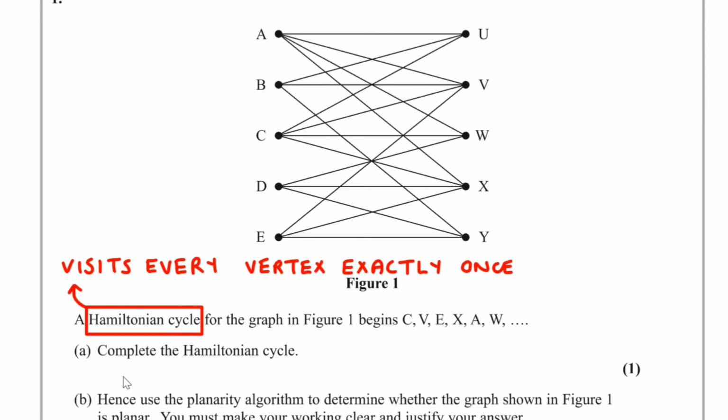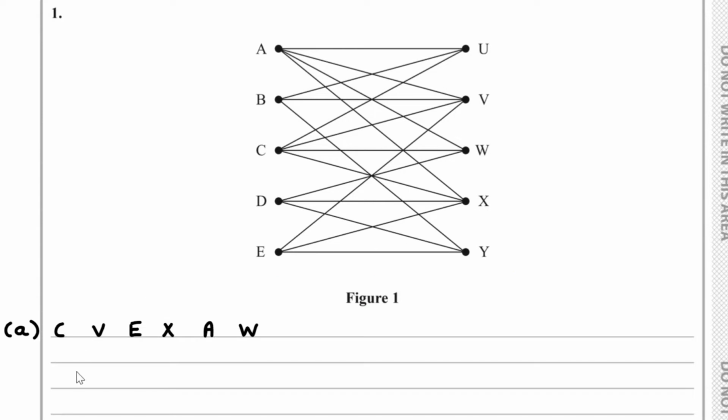Just as a reminder of the definition of a Hamiltonian cycle, it's one in which we visit every vertex exactly once. So, for part A, here is how our Hamiltonian cycle begins.